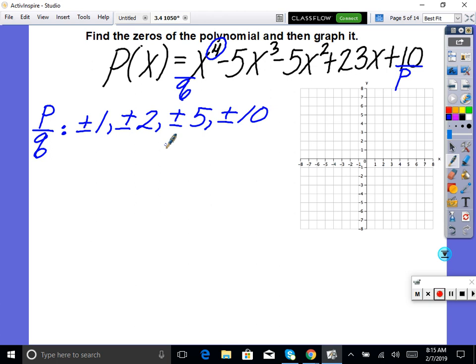Okay. So those are our possible P over Qs. So once again, we're going to have to just start testing. So I'll take 1. 1, negative 5, 23, 10. Not forgetting to check if there's anything missing. There's a lot to remember, I know.